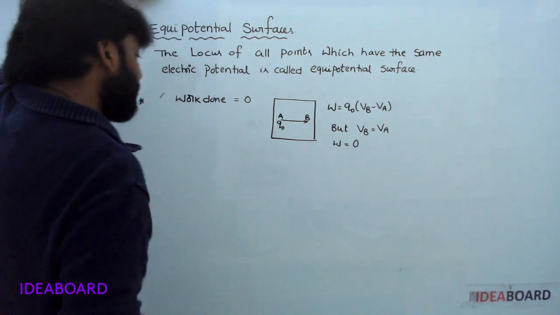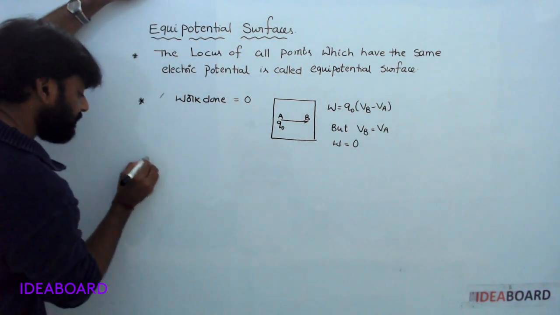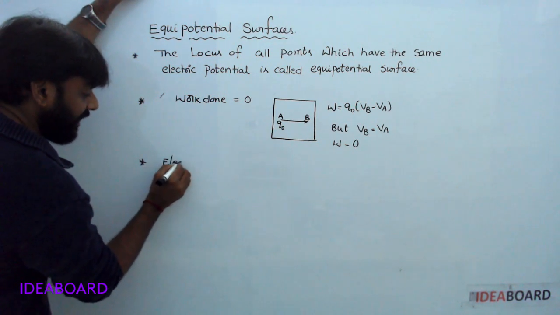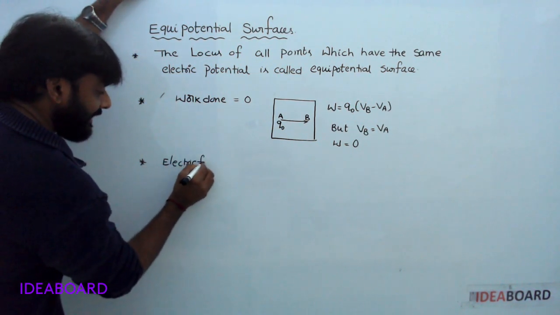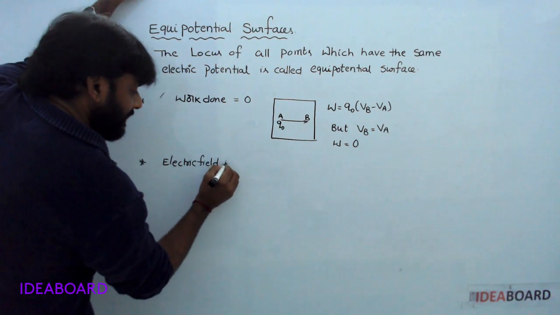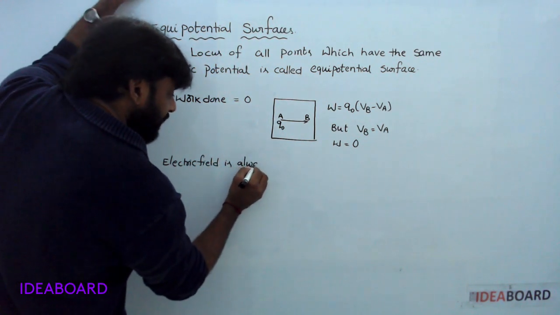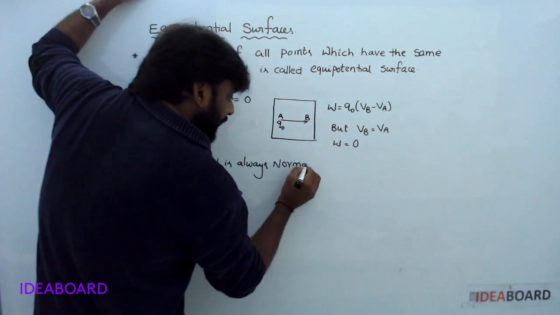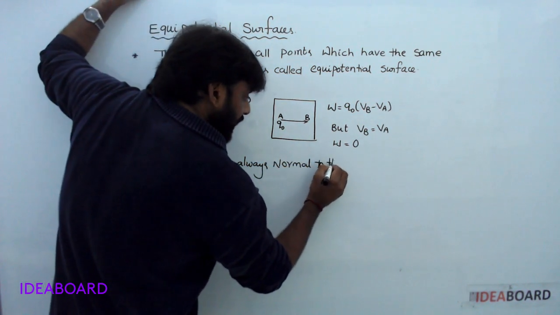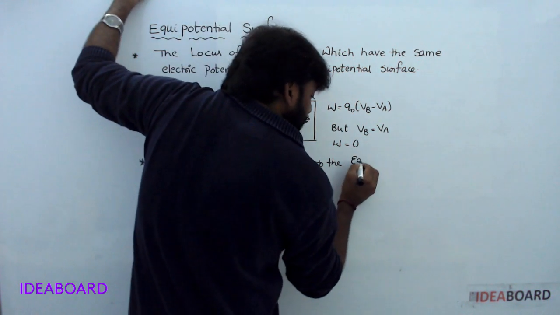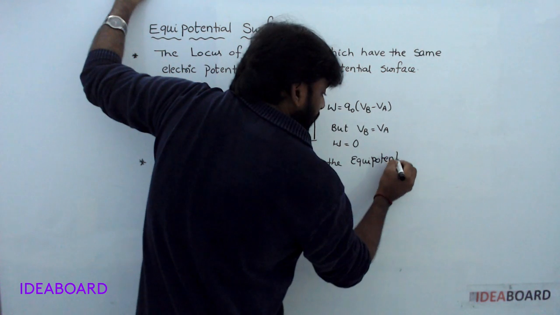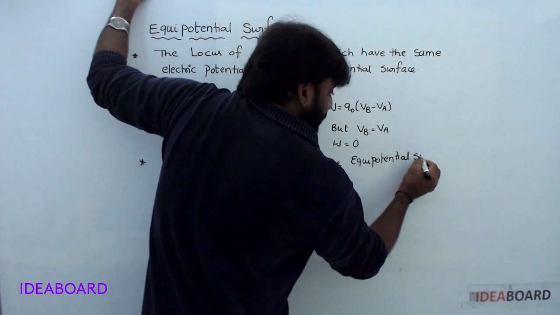And the second one: electric field is always normal to the equipotential surface.